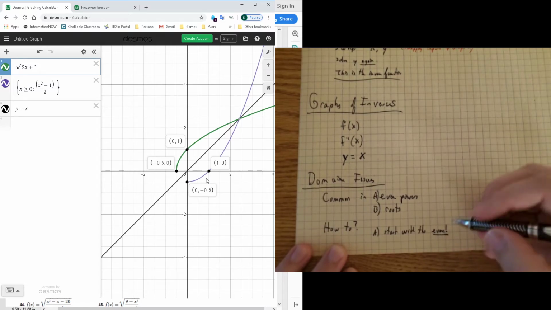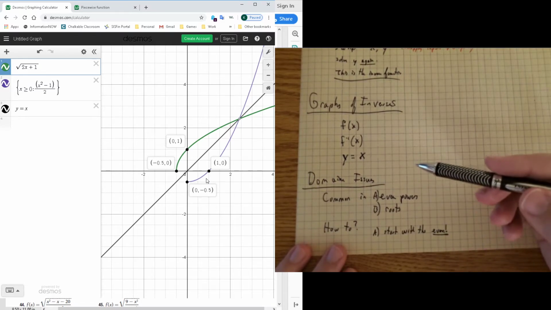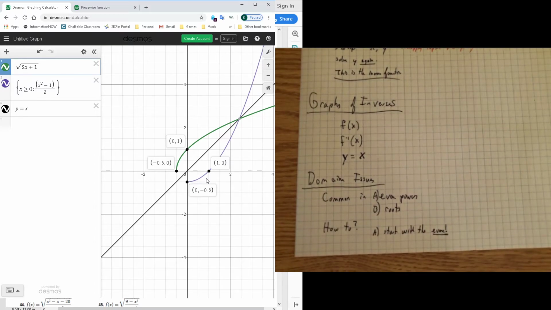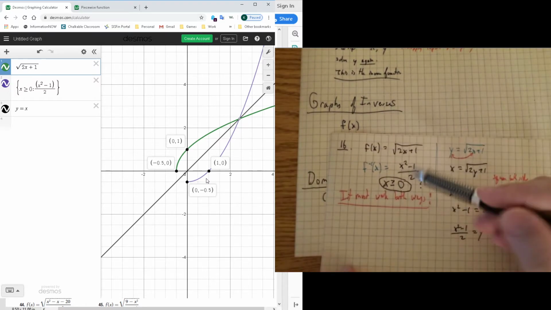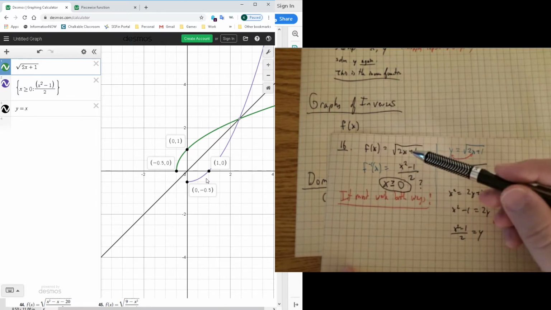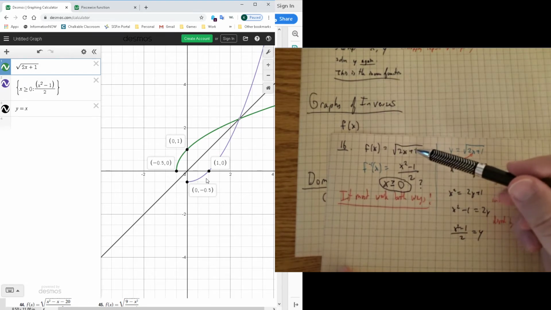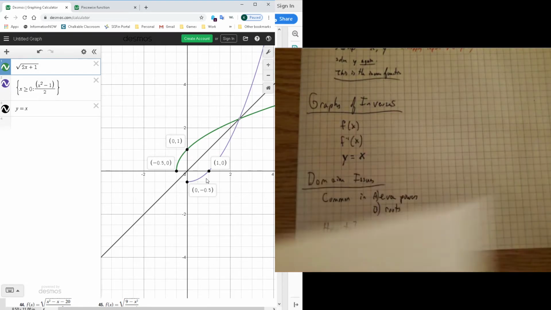So find the inverse by the same process, but then of the two powers, of the two pieces, choose the one that is the even one, because that's the one we're going to be testing it with. So like on 16, notice we restrict the domain on this one, not the other one. This is the one we might have to choose, but this is the one we restrict.